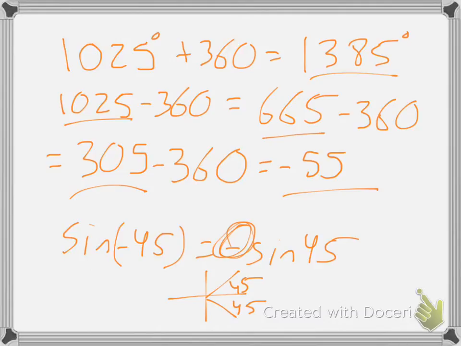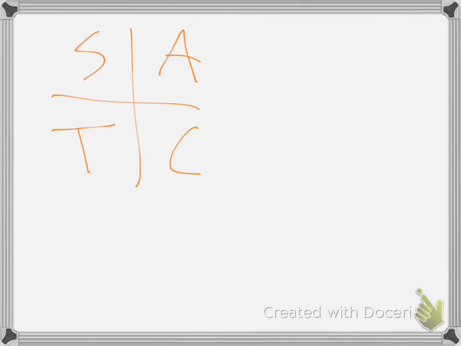Remember, reference angles are always referencing the first quadrant. They're always positive. I need to assign negatives according to All Students Take Calculus. So we need to know that today. You also better have this in your notes.